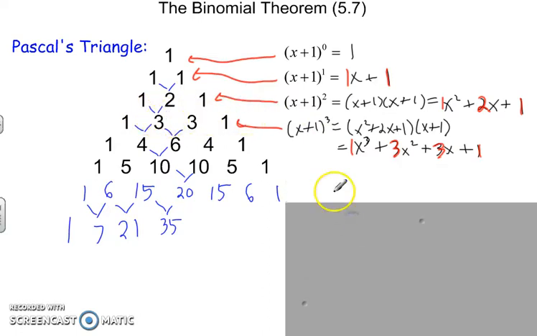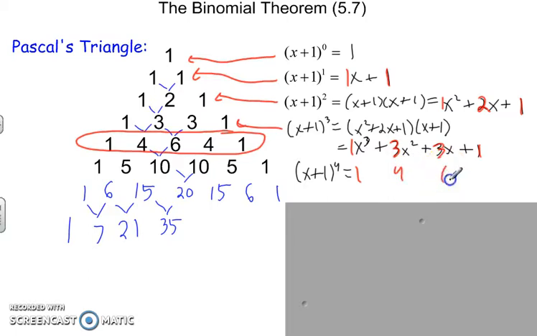So rather than multiplying out x plus 1 times x plus 1 times x plus 1 times x plus 1 to the fourth, I'm just going to write the coefficients of that row. That would be this row right here. So I'm going to write the coefficients 1, 4, 6, 4, 1.